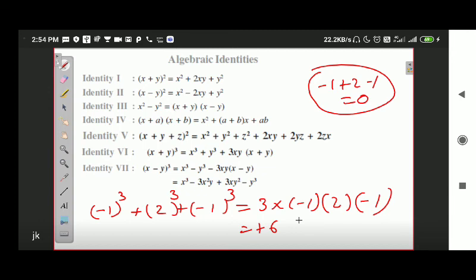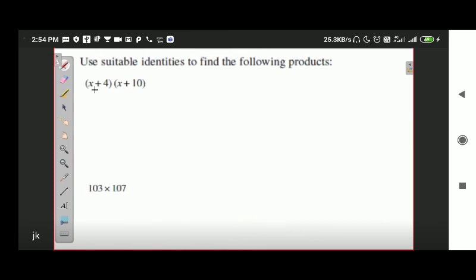Apart from this, these are the identities that are in your course, and based on these identities you have the last exercise. So we are going to discuss a few questions of the last exercise. First of all, using suitable identity, you have to find the following products. First, x plus 4 into x plus 10.